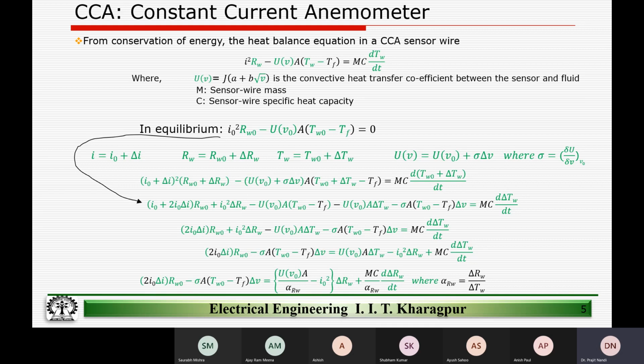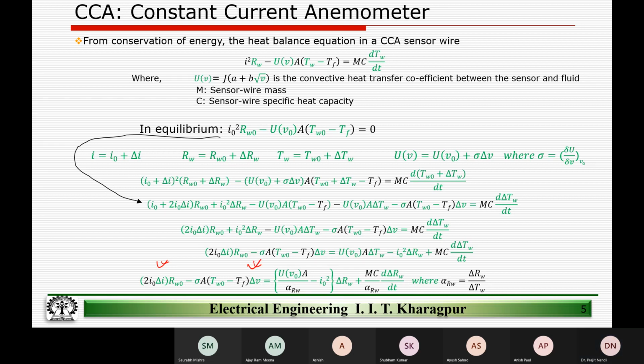We did so much of maths because the goal is to come up with a transfer function of the sensor material. The variables we have assumed here: delta I can be an input variable. That is what we are changing, right?